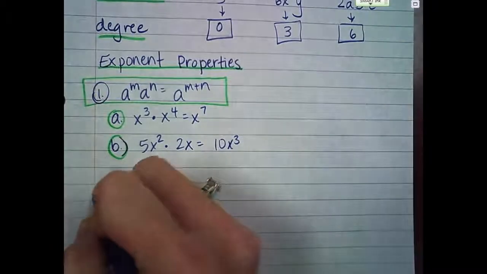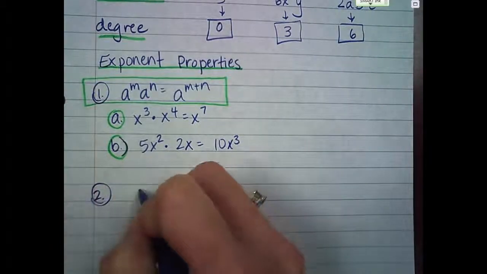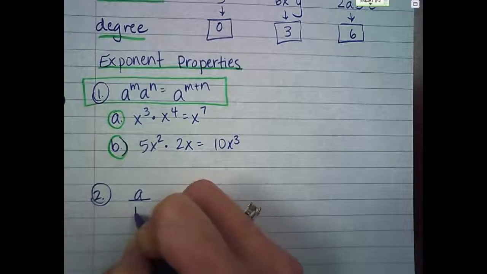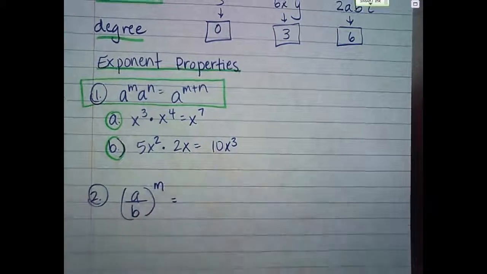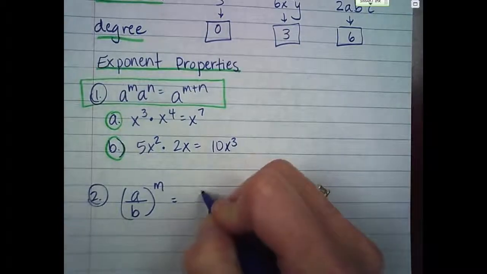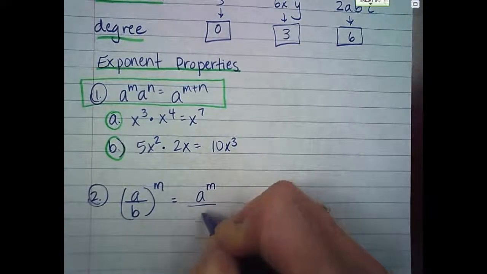Number 2. a over b, all to the n power. That's the same thing as it applies to both a to the m and b to the n.